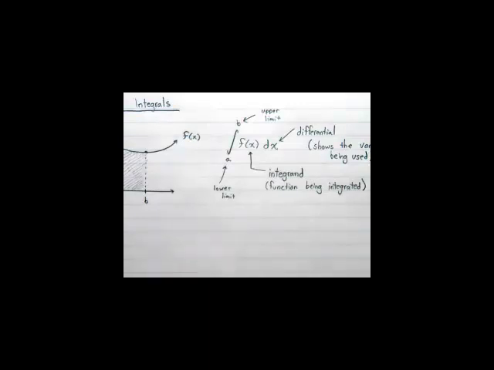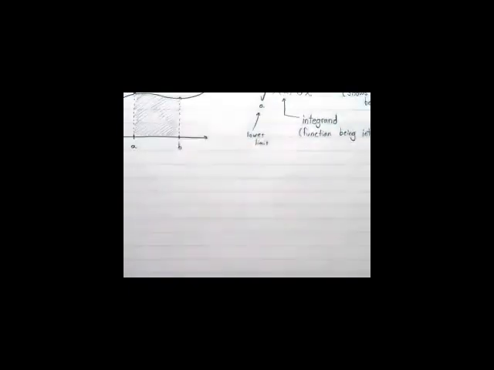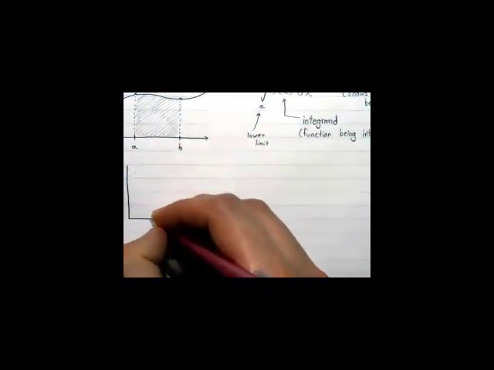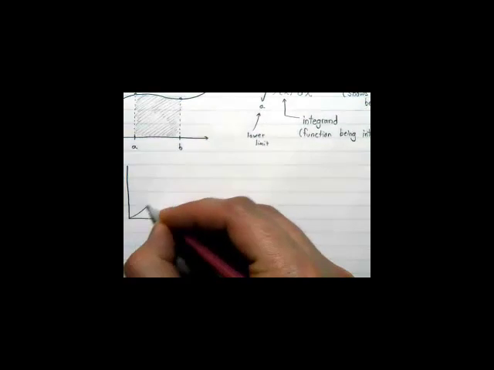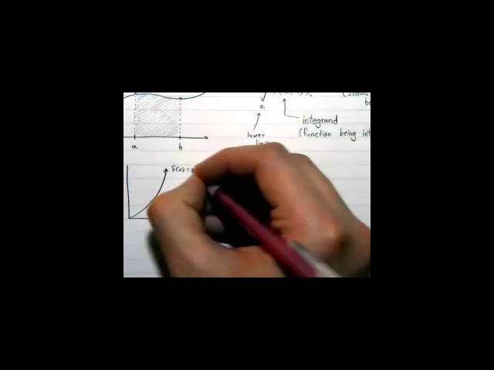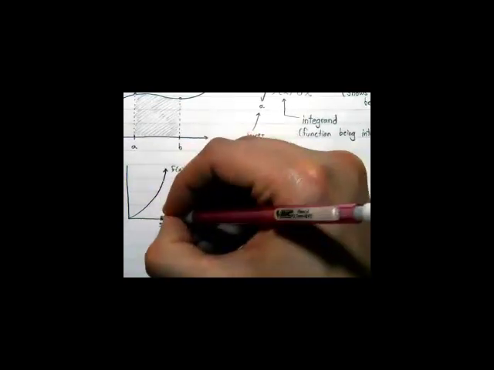So what I'm going to do to start with is draw some pictures of some areas, and I want to see if you can write me an integral for that. For example, this is f of x equals x squared, and let's say we want to go out to 5 and come up with this area here.